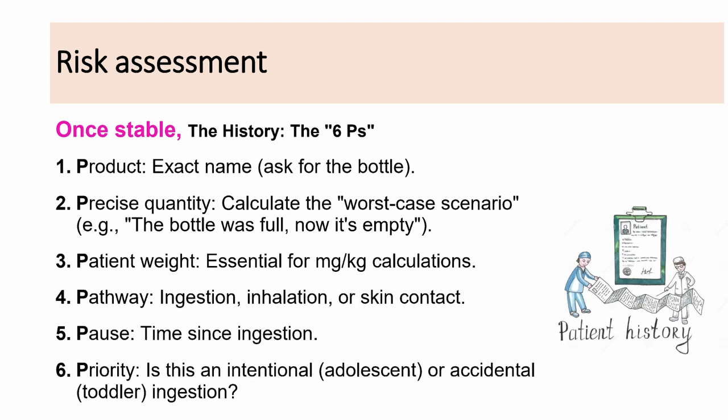The weight of the child is very important, and the route, that means inhalation or injection or skin contact, is very important. And the time is important, because depending on the time we have decontamination, and the management plan might vary.